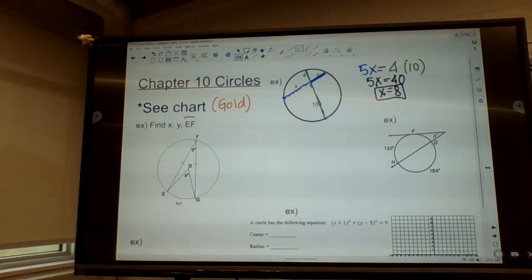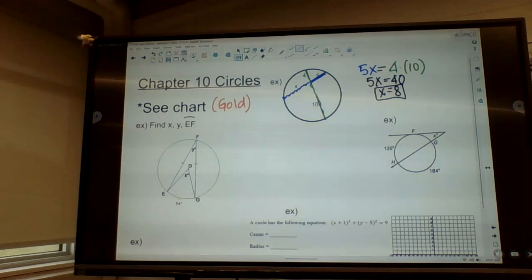What that means is the center is always the opposite sign. So whatever the center looks like, we're going to take the opposite sign of that. So it looks like a positive one. That means our center is actually -1. It looks like a -5. That means it's actually +5. So that's the center of our circle. So I'm going to put a dot there. There's the center of my circle.